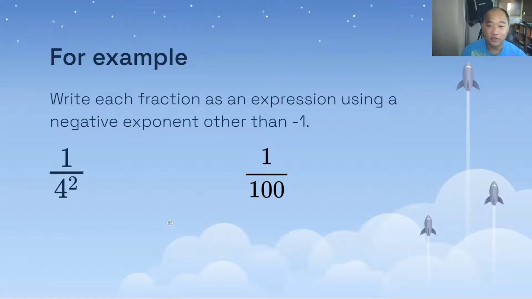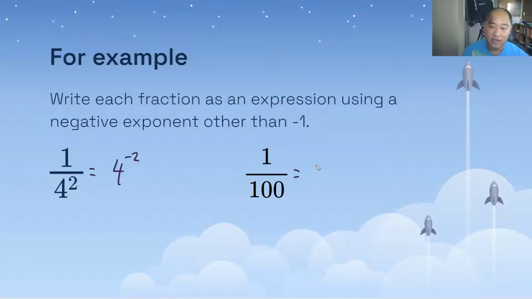Write each fraction as an expression using a negative exponent other than negative 1. So if we did not want to write this, write each fraction as an expression using a negative exponent. Okay, so now we want to say this is a negative exponent. This is going to be 4 to the negative 2.